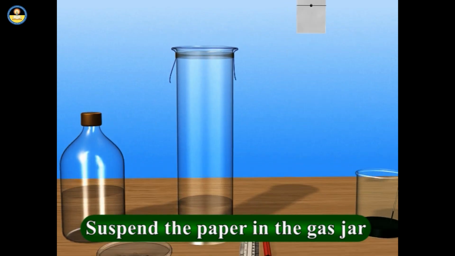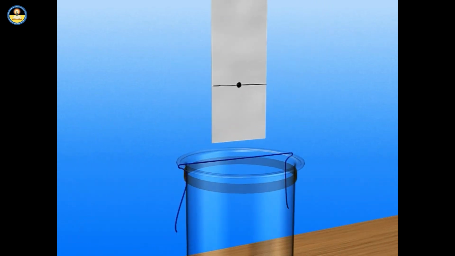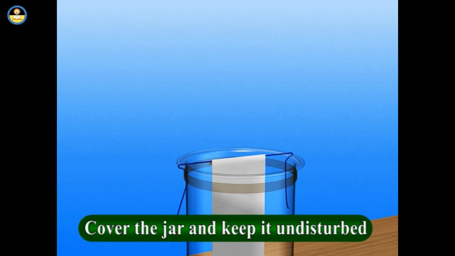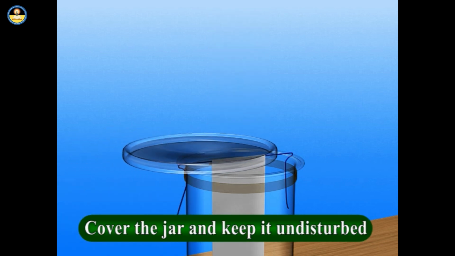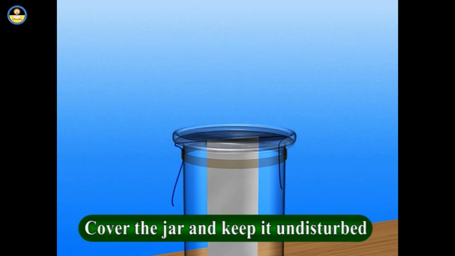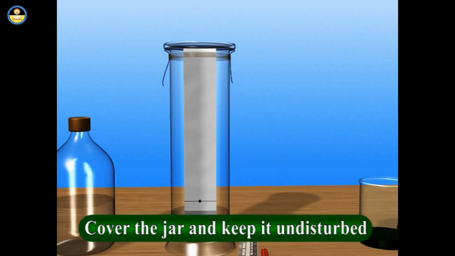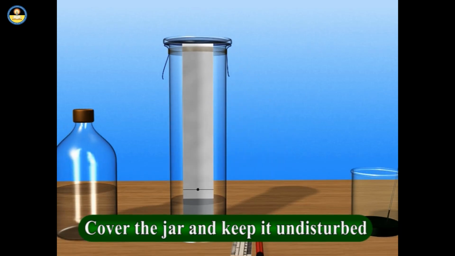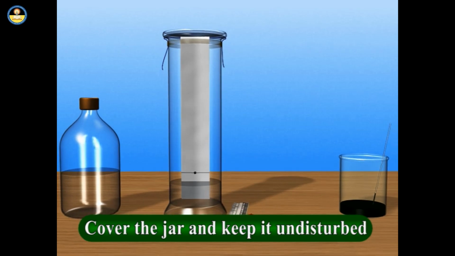Lower the filter paper into a jar containing water so that the drop of ink on the paper is just above the water level, as shown, and leave it undisturbed.